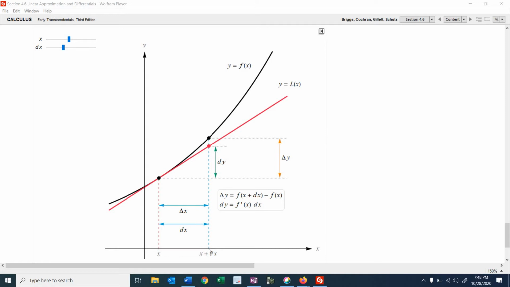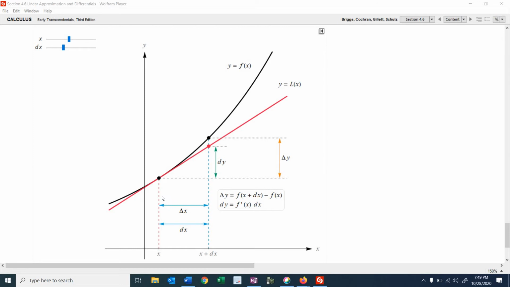The differential change in x, dx, is actually equal to delta x. So they're the same thing. Okay, so dx is equal to delta x. That's the definition of differential change in x. So another way of labeling this point over here would be x plus dx. You could also call it x plus delta x, since delta x is equal to dx.